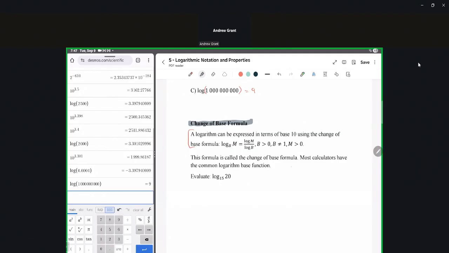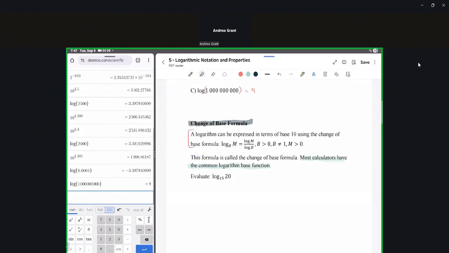This formula is called the change of base formula, and we will use this at least for today because most calculators have a log button of some kind, and you want to find your log button on the calculator as well. Okay, so what's the point of it?